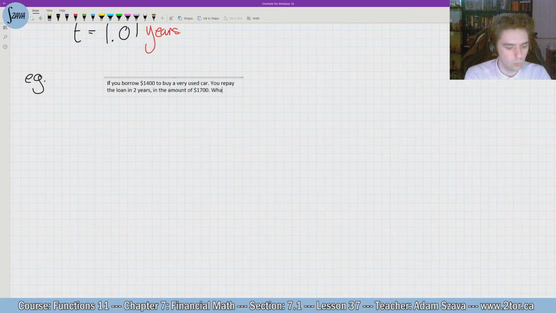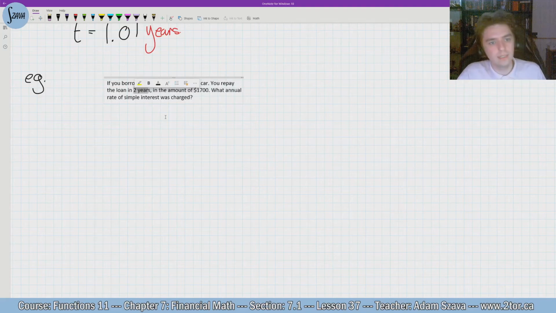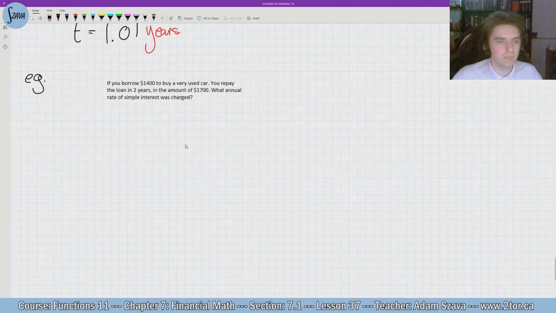What annual rate of simple interest was charged? So essentially we know the principal, the future value, and the amount of time that has passed, and we just need to figure out what the interest rate was.